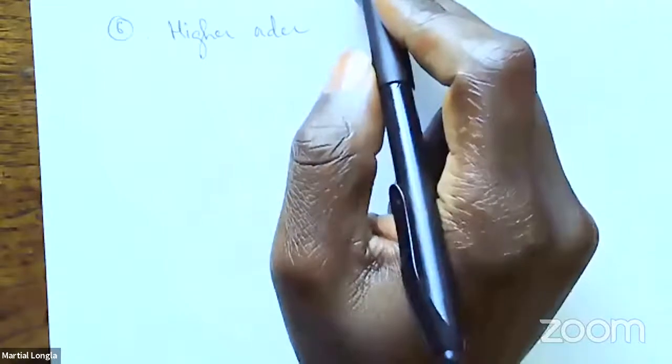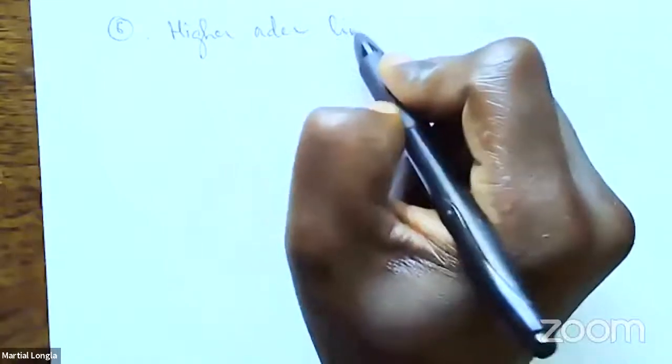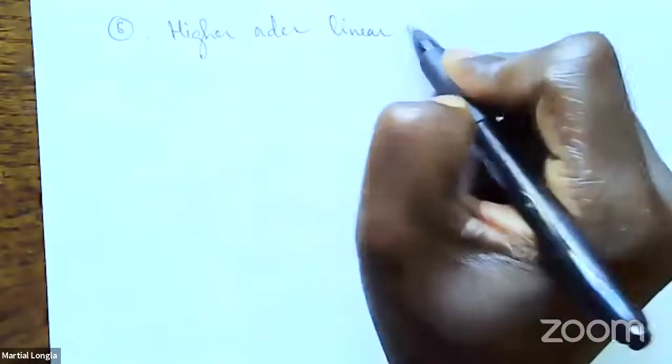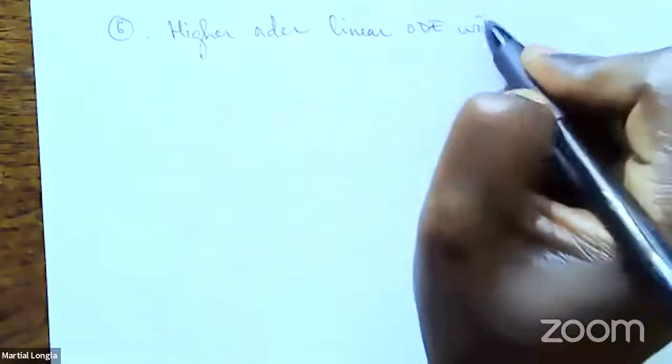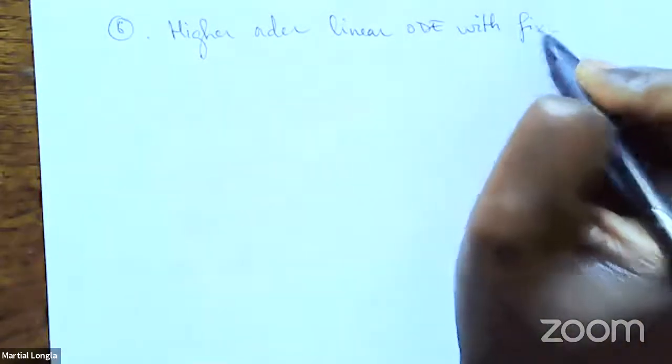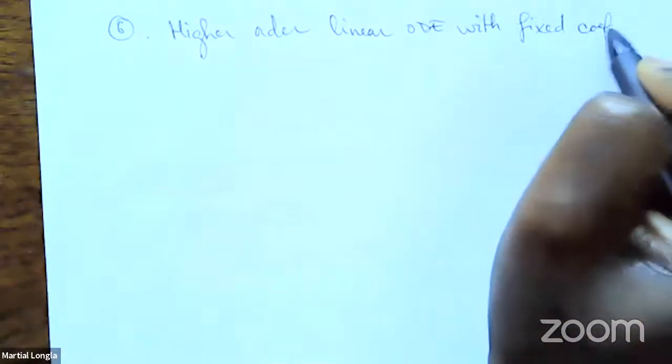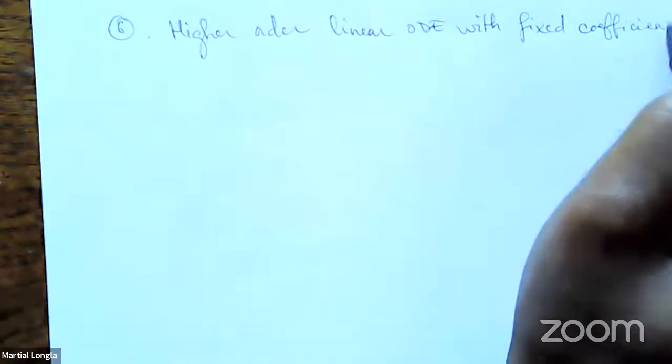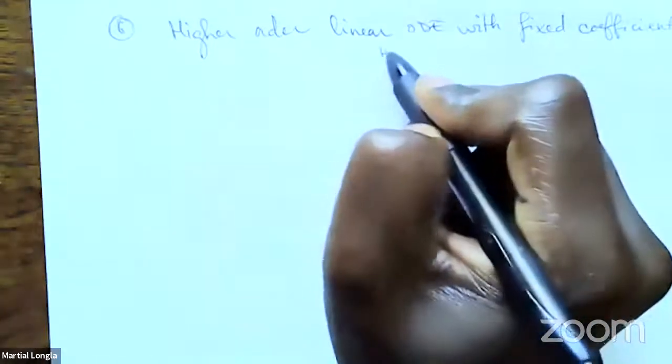Now, that was 5. And 6 is higher order linear ODE with fixed coefficients. Of course, homogeneous.